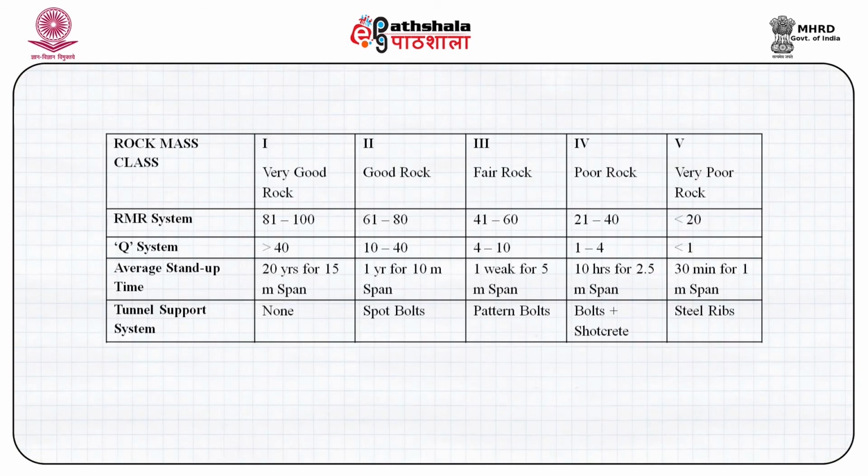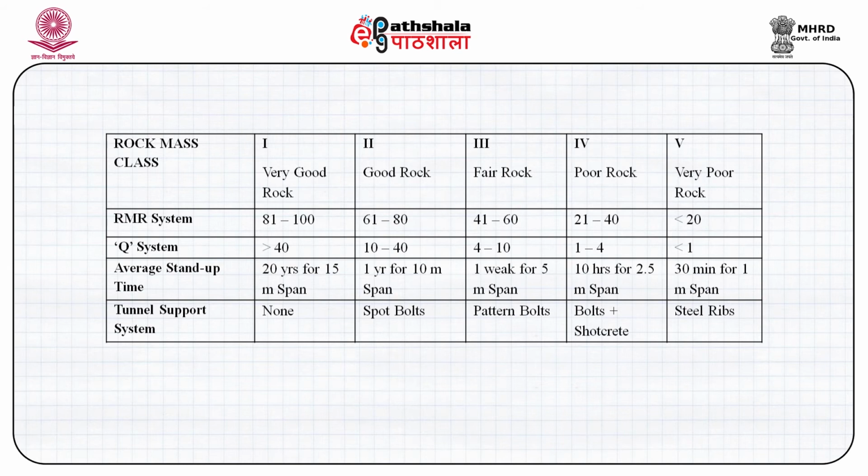So just to understand the rock mass class and ease of tunneling, when we go for tunneling, we need some time in the opening to carry out the provision of support.